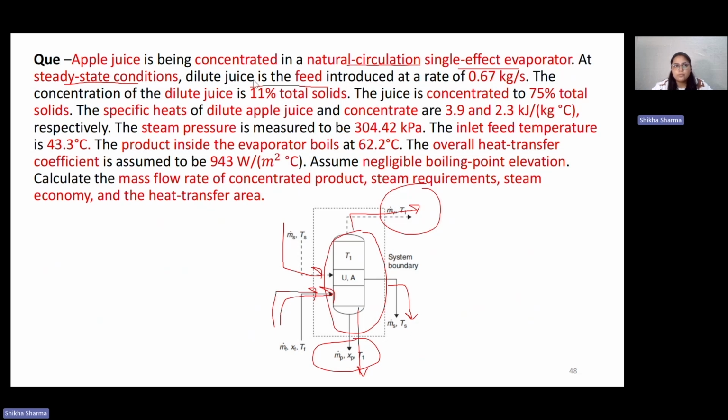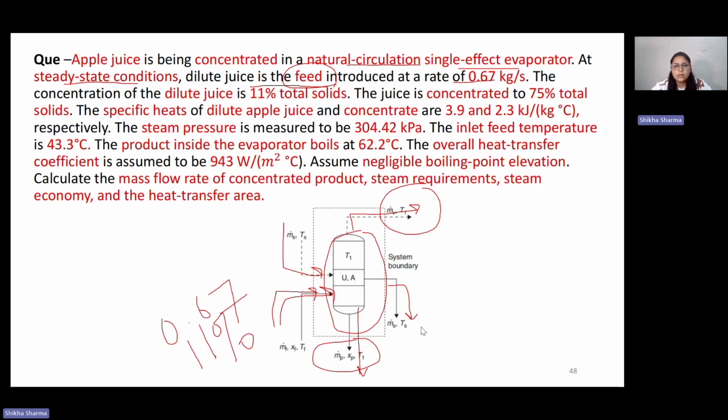So apple juice is being concentrated in a natural circulation single effect evaporator. At steady state condition, this dilute juice feed is introduced at the rate of 0.67 kg per second. The concentration of the dilute juice is 11% total solids.